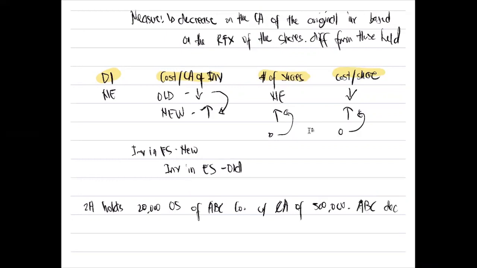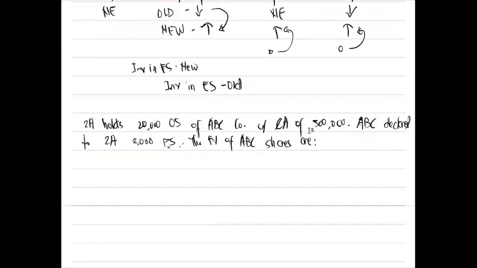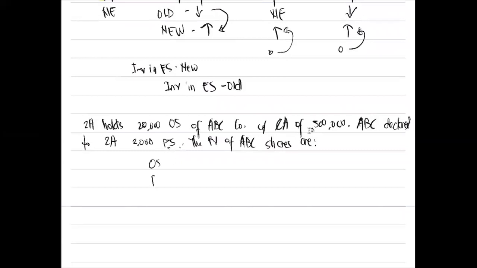ABC declared to A 2,000 preference shares. The fair value of ABC shares: we have here OS and PS. Let's say for OS, it has a value of 40. For PS, it has a value of 100.